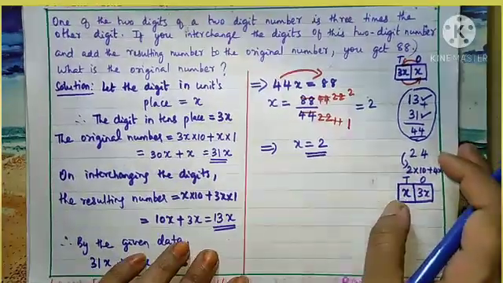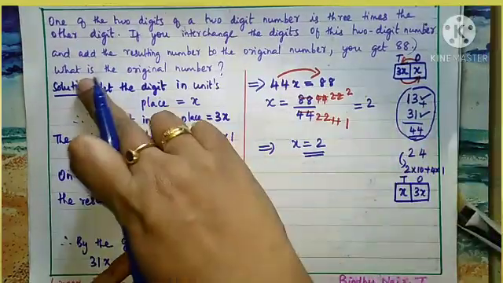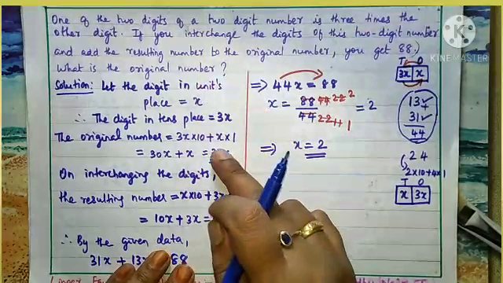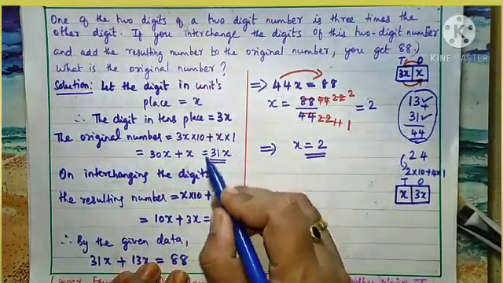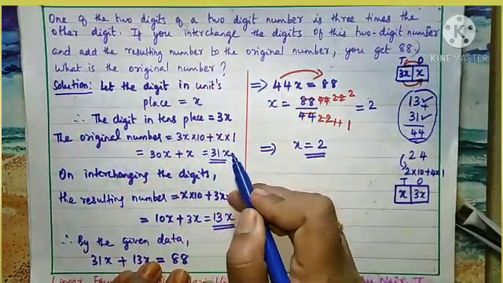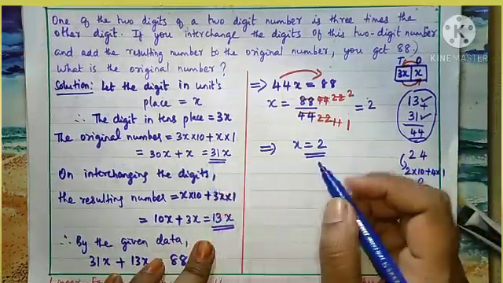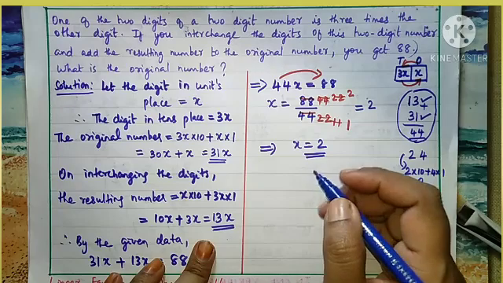Our problem is not over. What do you want to find out? The original number. What did we take as the original number?